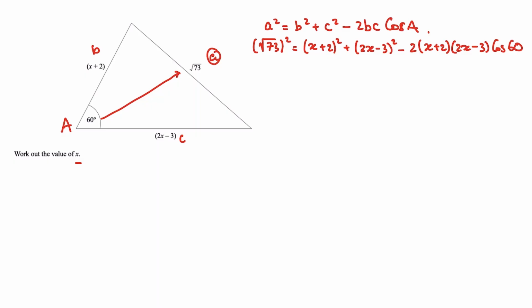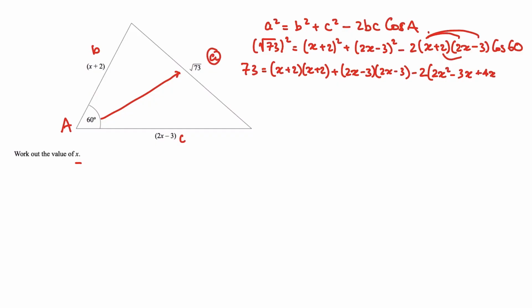So square root of 73 squared gives us simply 73, is equivalent to, then it becomes (x plus 2) squared plus (2x minus 3) squared minus 2, and then we can expand this here, so that becomes 2x squared minus 3x plus 4x minus 6.